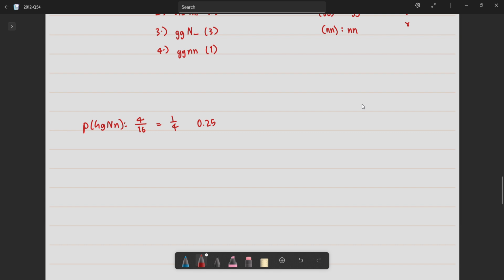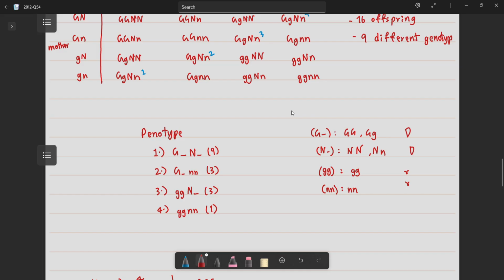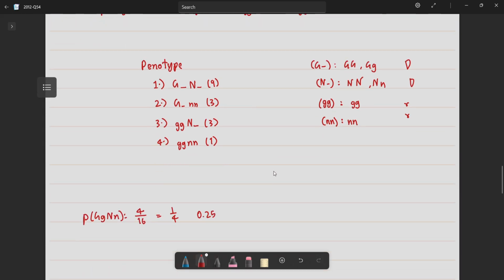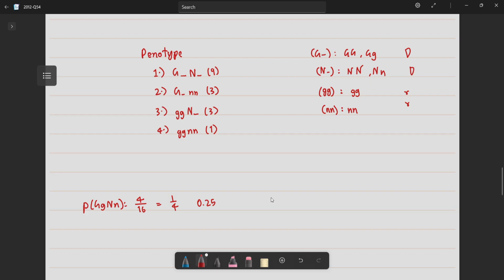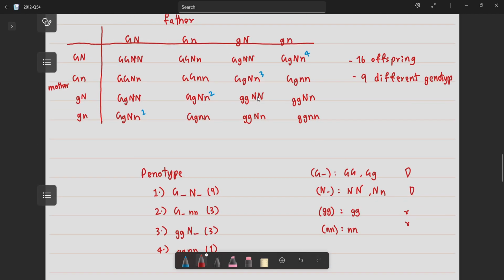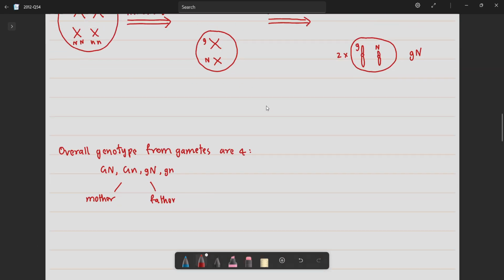I'm not yet sure about the overall percentage of the other genotypes, so I'm going to solve that. But what I want to explain is that this entire working was just the explanation and intro for people who might not be aware.